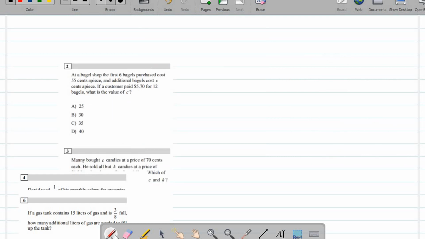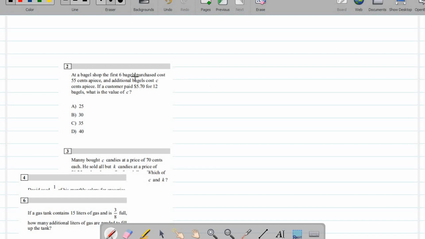Question number 2 states that at a Bajaj shop, the first 6 Bajaj purchased cost 55 cents a piece, and additional Bajaj cost C cents a piece. If a customer paid 5.7 for 12 Bajaj, what is the value of C? So we need to create that equation first.